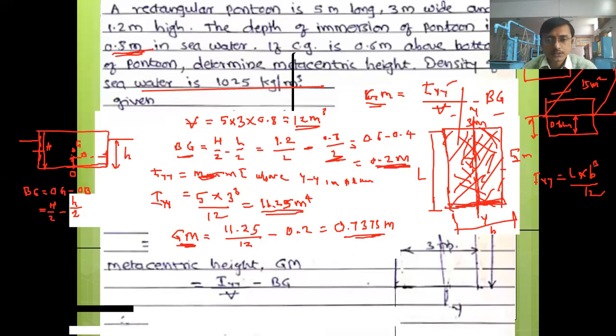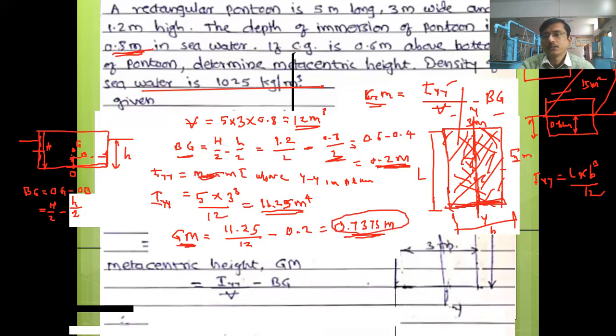So now here the value has come 0.73, and half of the H, capital H, is 0.6. So from here we can definitely say that this M is above Z. Also, it is out of the body. From Z up to this height of the body, it is 0.6 meter, and we have got here this value as 0.73.